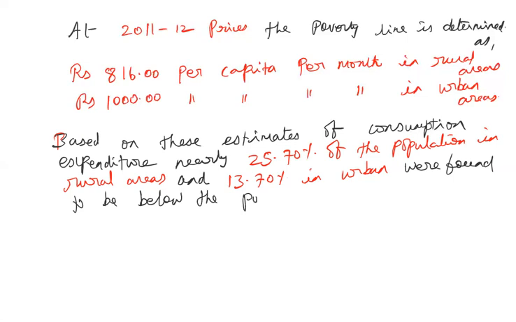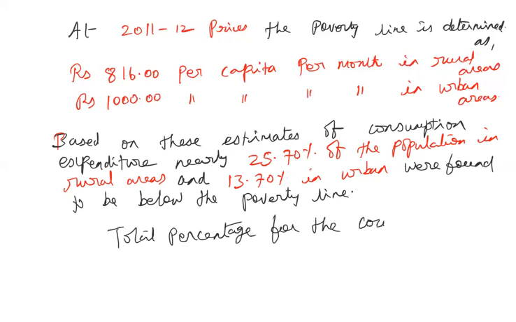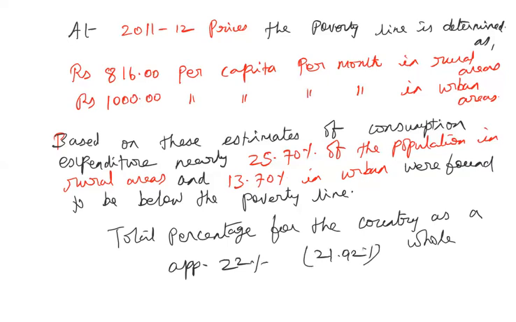So for the country as a whole, both rural and urban areas put together, the total percentage comes to approximately 22%. So it is 21.92%. So you can round it.